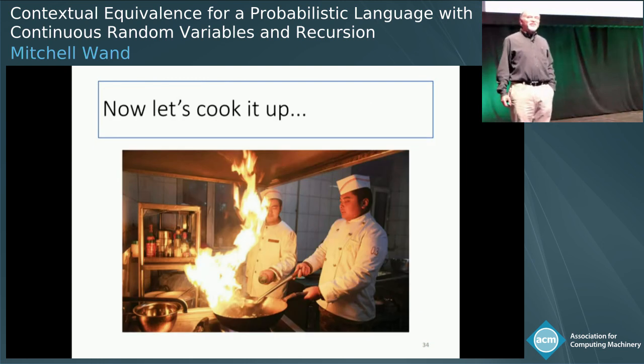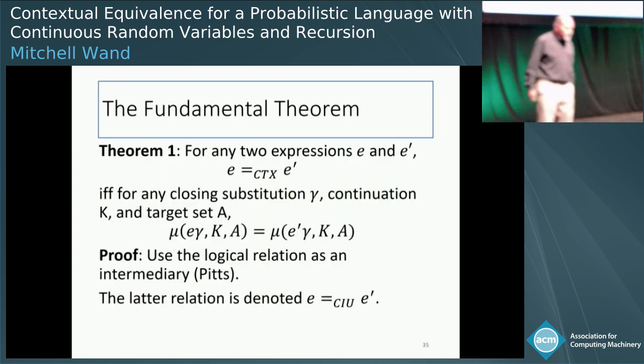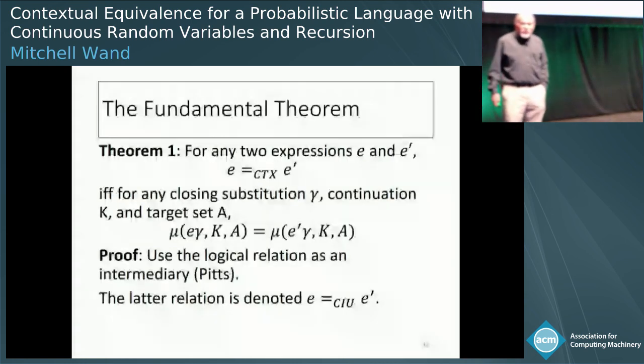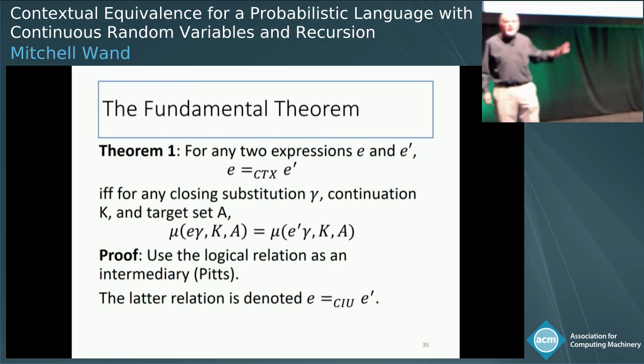And now we cook it up. And what do we get? Well, we get the fundamental theorem that says that two expressions are contextually equivalent if and only if they are equivalent in the same continuation and the same target set for every continuation and target set. That turns out to be much easier to deal with.